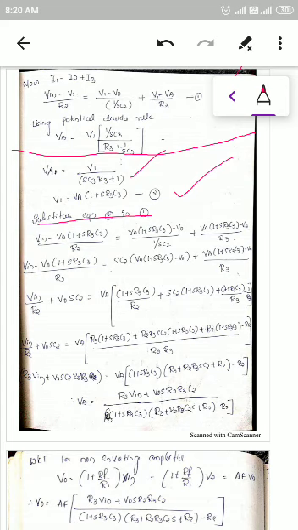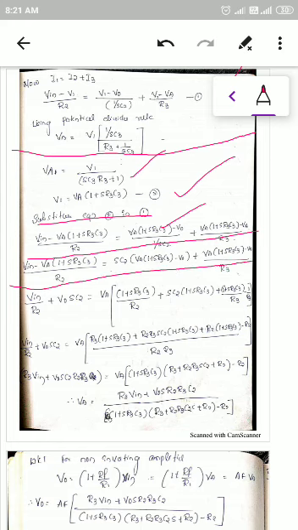You will arrive at this particular equation. Now simplify it. Here, 1 by SC2 and R3, just cross multiply the 1 by SC2 term, it goes to the numerator, and the other part is kept as it is.